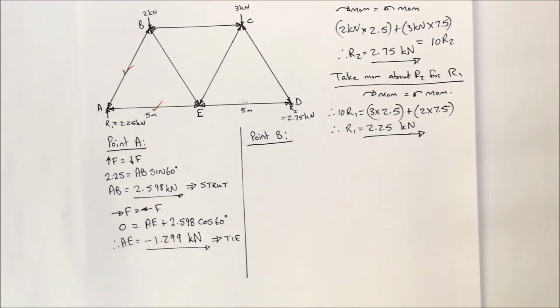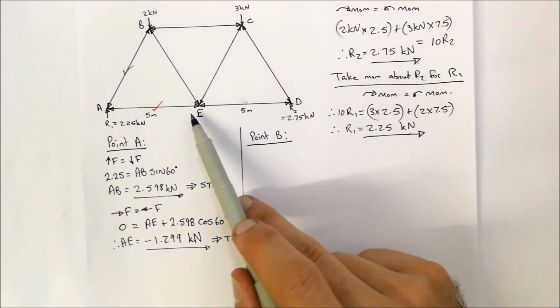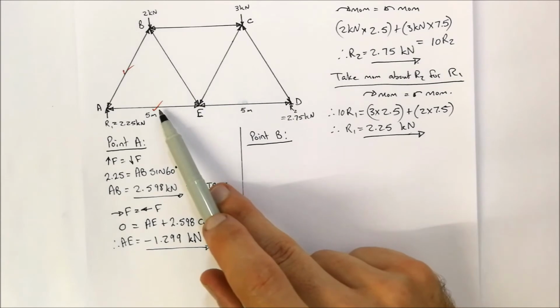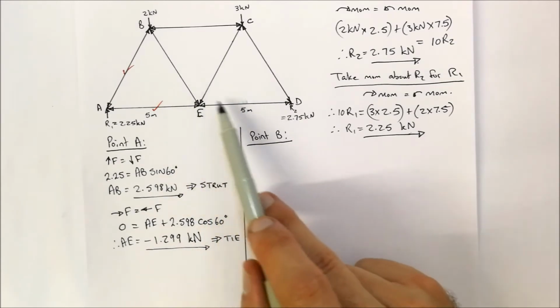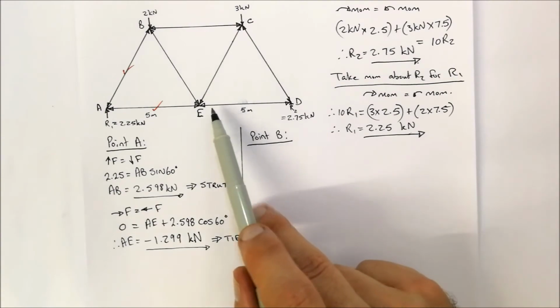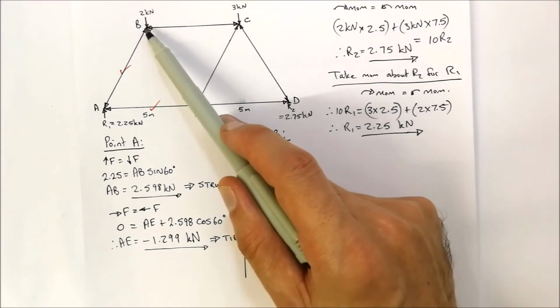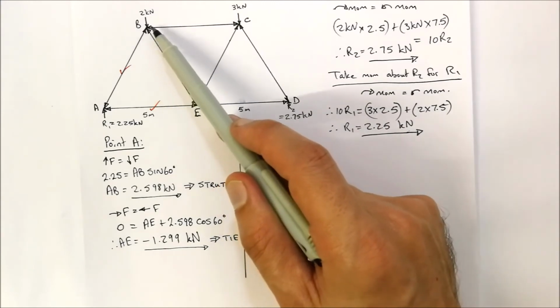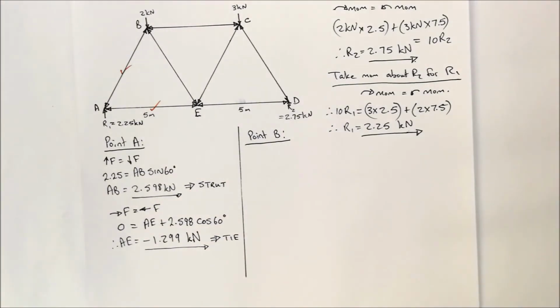Now we need to find out what the other values are. Maybe I could consider E, but over here at E I've got one known and three unknowns, which makes it difficult to calculate. Over here at B I've got two unknowns and one known. Maybe there's a way I can go about doing a calculation. So let's have a look.